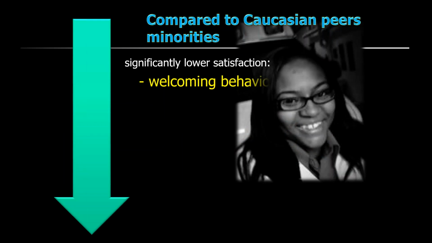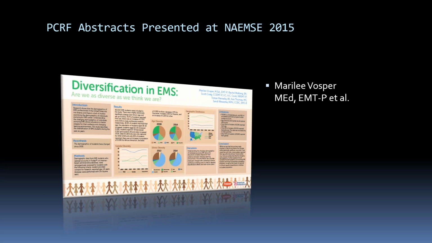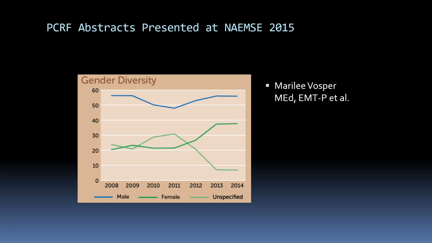And in fact, with over 1,600 students reporting, the non-Caucasian students reported lower satisfaction on feeling welcomed. They didn't feel like the expectations were communicated as well as some of the Caucasian students. And they didn't feel that the enthusiasm for teaching or comfort level for future rotations was very good. So Marilee Vosper and their group looked at this diversity issue again in 2015, and it's actually problematic for us.